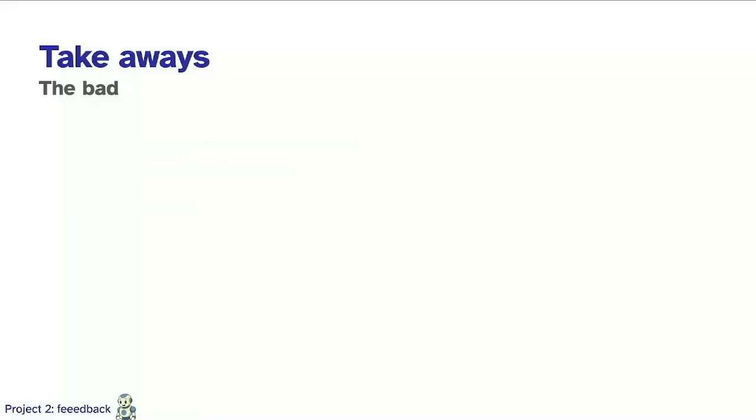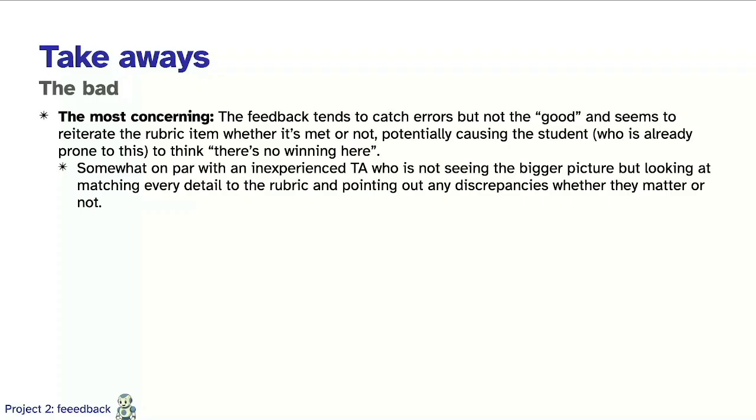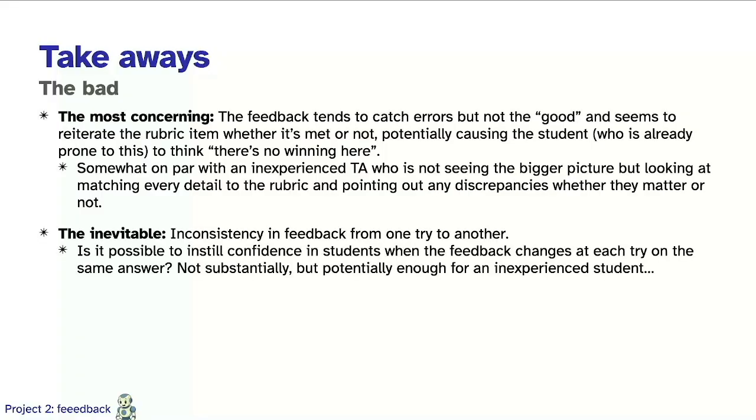And in terms of the bad, I think the most concerning is that it tends to catch errors, but not the good answers. So the students might sometimes feel like there's no winning here, which they do sometimes feel in a classroom anyway. But I would categorize this, on order of experience, as feedback from an inexperienced TA, which we have many of until they get more experienced, obviously.